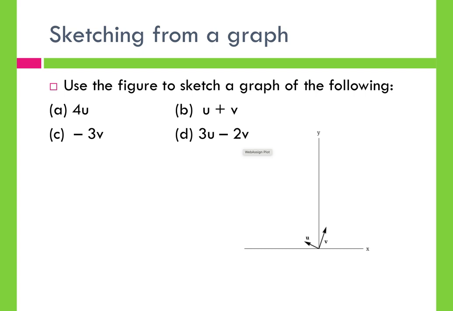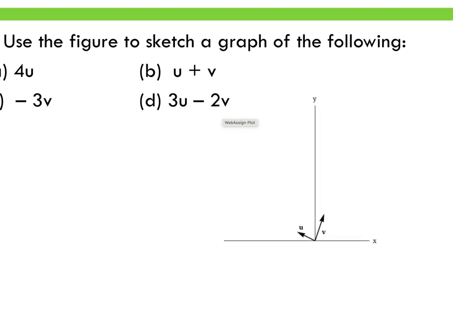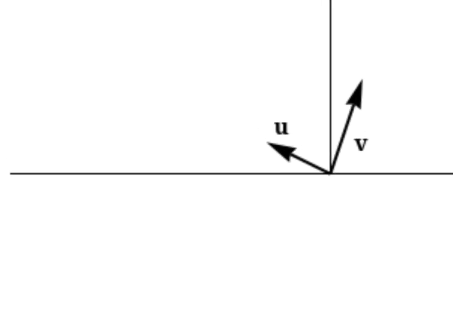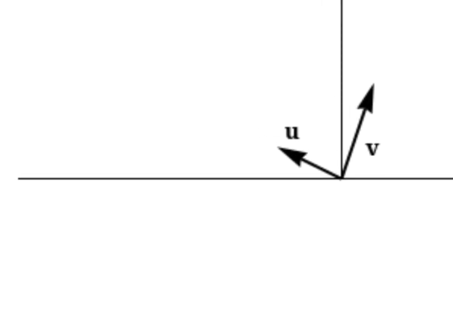All right, now we're going to use the figure to draw. So now we don't have coordinate points. So this is where we're going to take our length and multiply it times 4, and then I'll show you what to do when you get to addition. We're going to do A and C first, okay? And then we'll go back to doing B and D. So if you look at A, it says 4u. That means I want to take u and multiply its length by 4. I want 4 of those in the same direction.